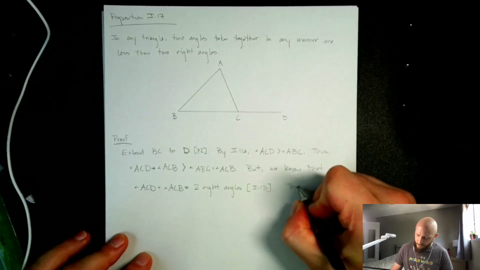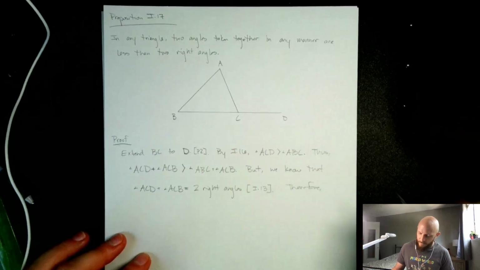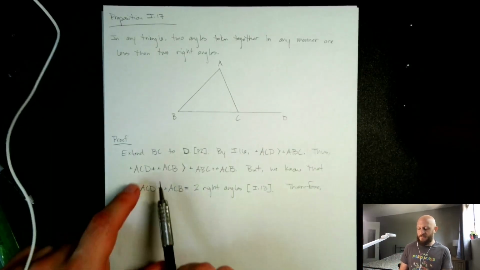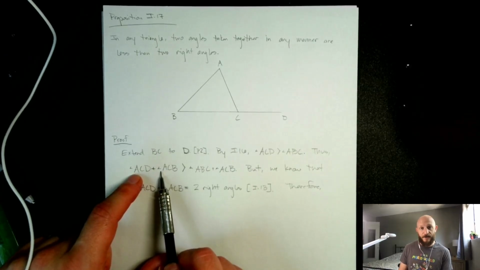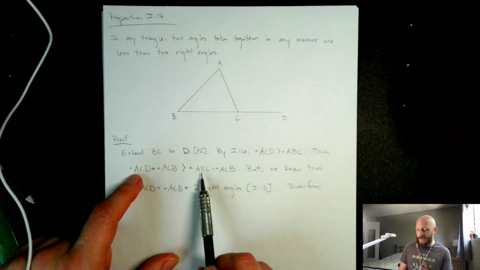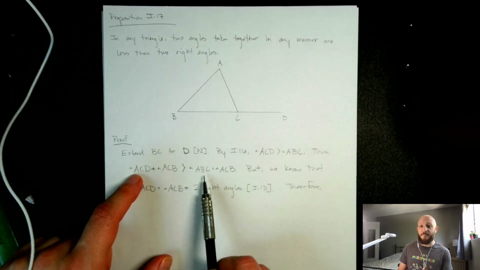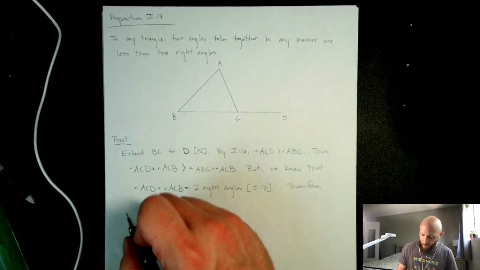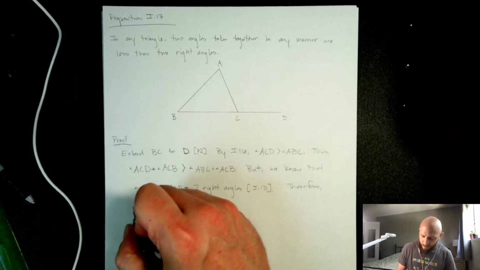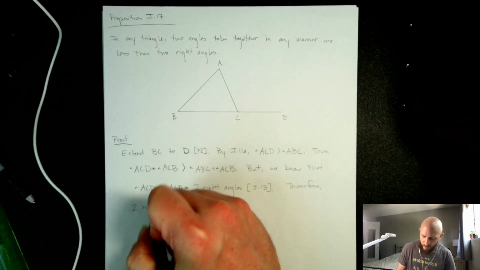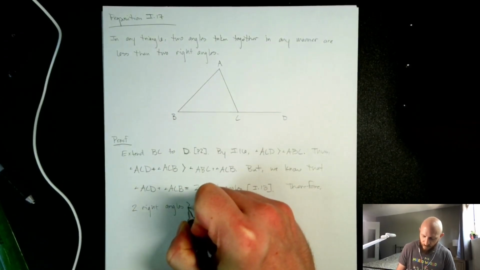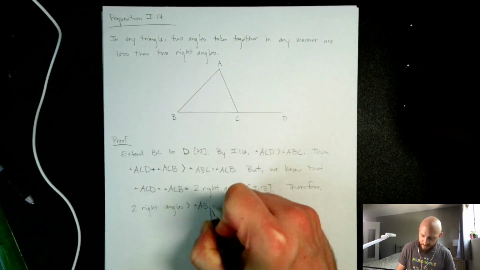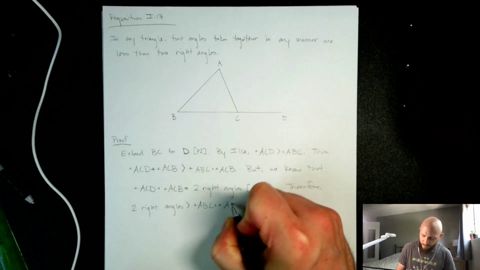So, therefore, the result follows because this left-hand side right here is two right angles, and that is greater than angle ABC plus angle ACB. So, therefore, two right angles is greater than angle ABC plus angle ACB.